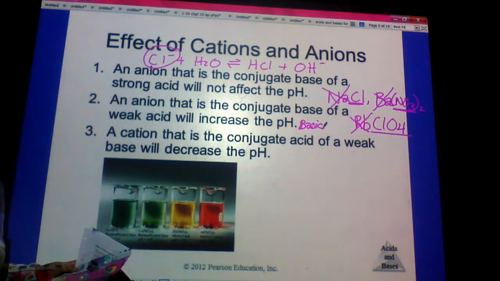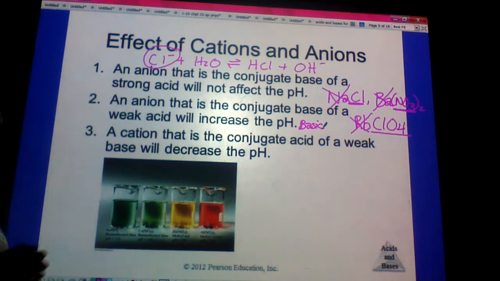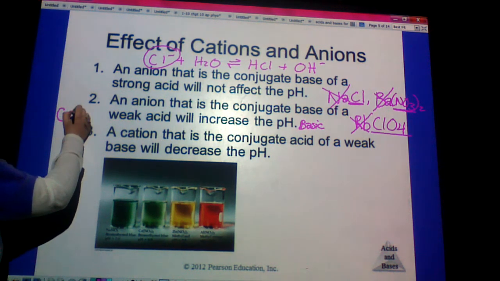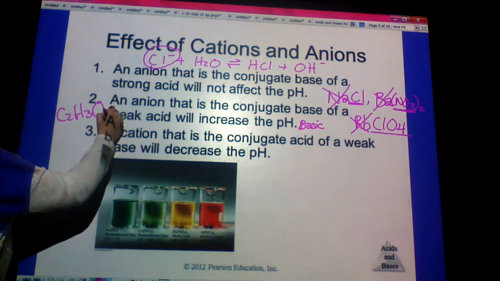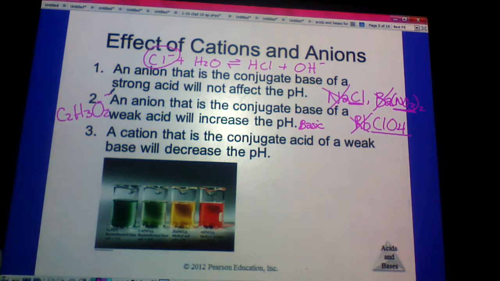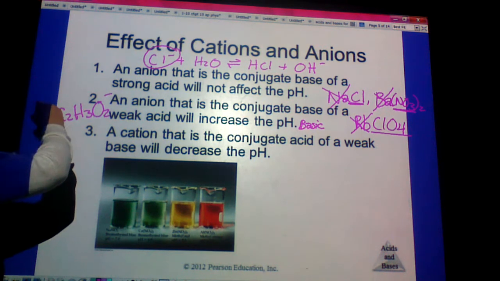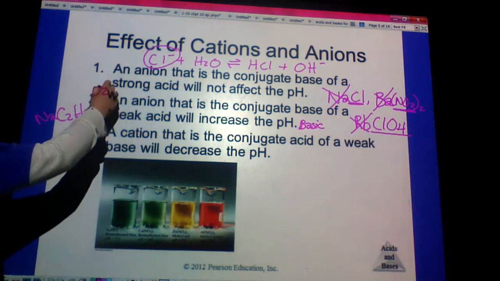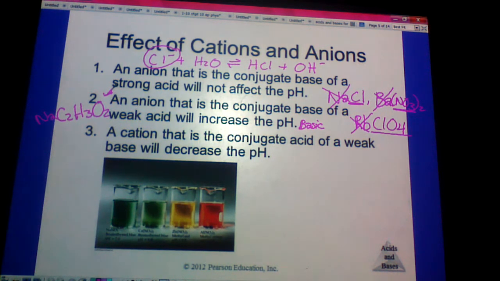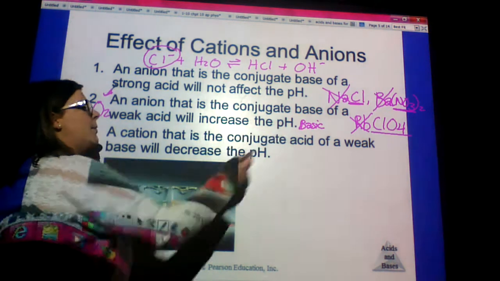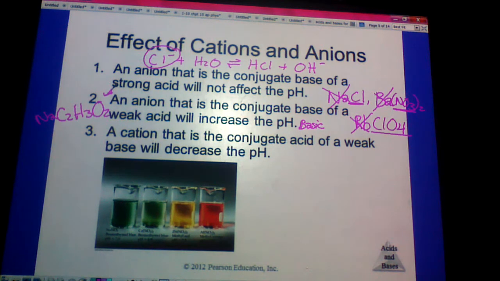So I know a weak acid could be acetic acid, so the conjugate base of that would be C2H3O2 minus. So if I paired that with sodium, so if I had sodium acetate, that could be something that if I added to a solution, it would increase the pH by making it more basic. Another weak acid could be hydrofluoric acid.